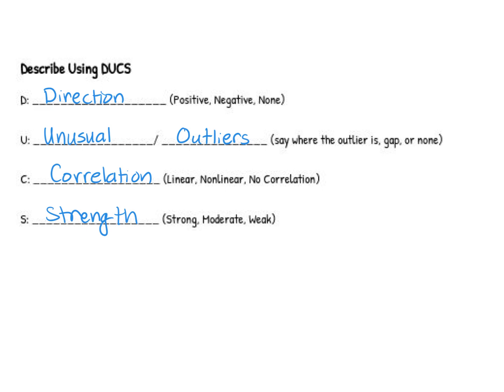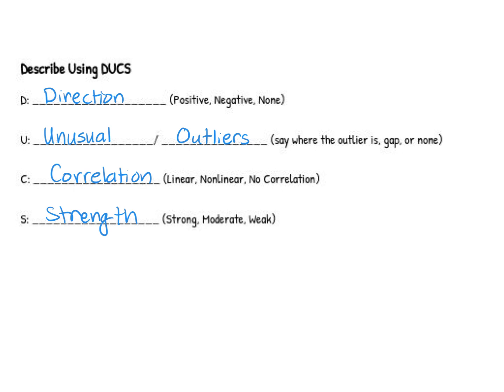And when we're talking about our scatter plots, we're going to use DUCS, D-U-C-S, to describe it. D is our direction, what we were just talking about, that positive, negative, or none. And maybe it doesn't have a direction. You would see that in our no correlation. It didn't have a direction.